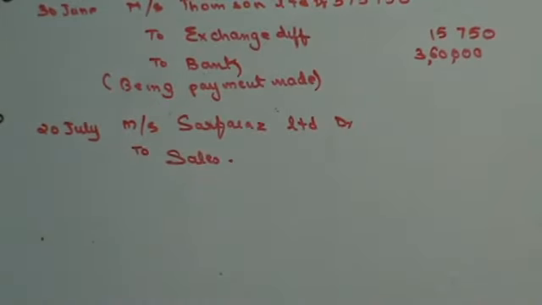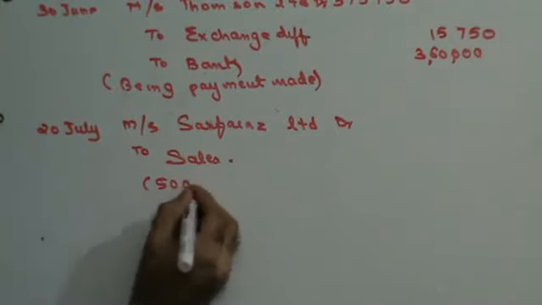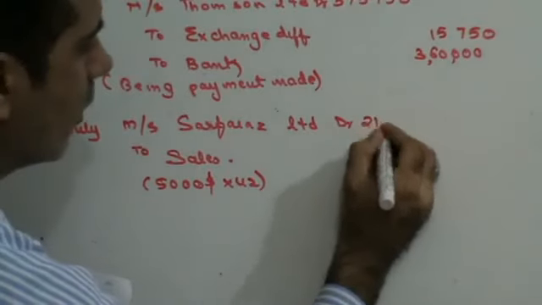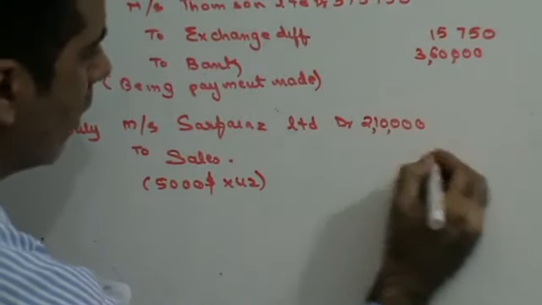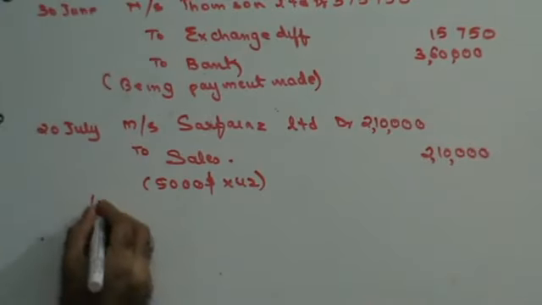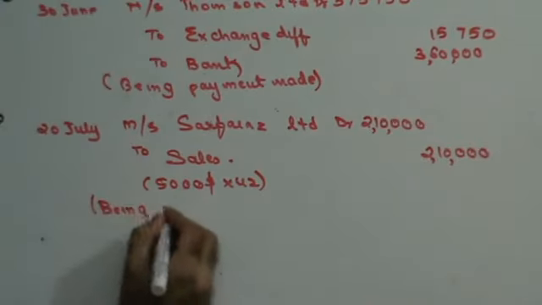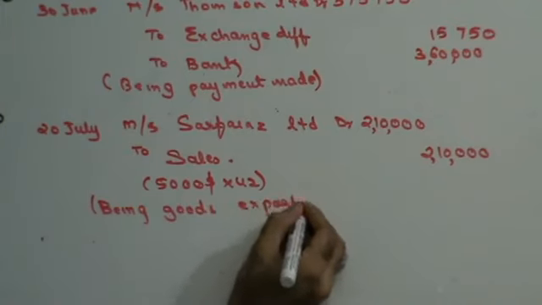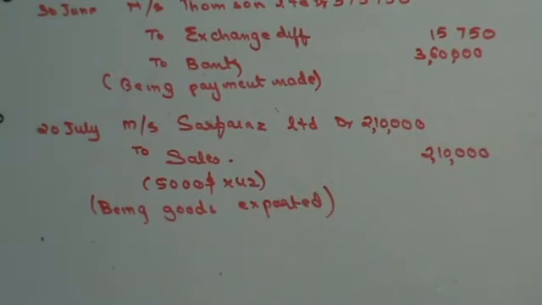Sarfaraz Limited, you have exported goods of $5,000 and on 20th July, your dollar rate is 42. $5,000 and 42. Someone help me get this? 2,10,000. 2,10,000 being goods exported. Right, that was 20th July.